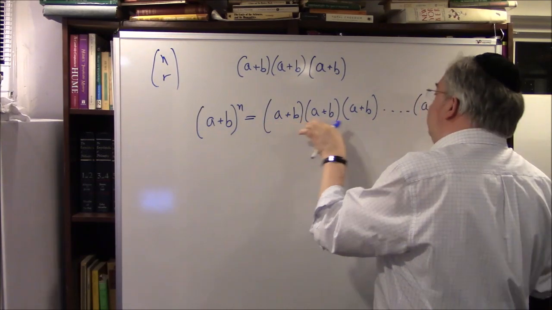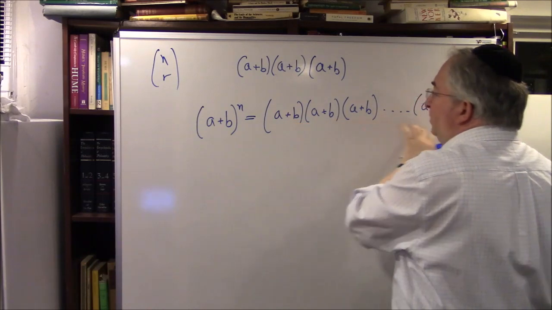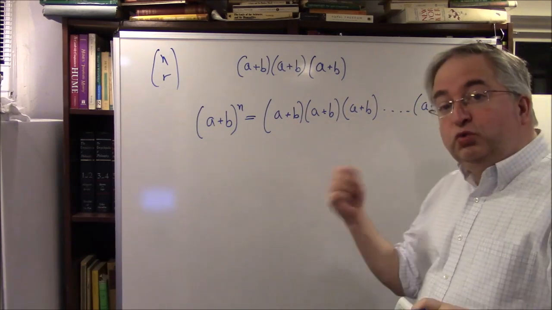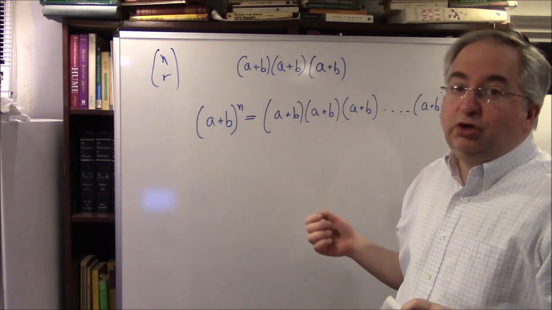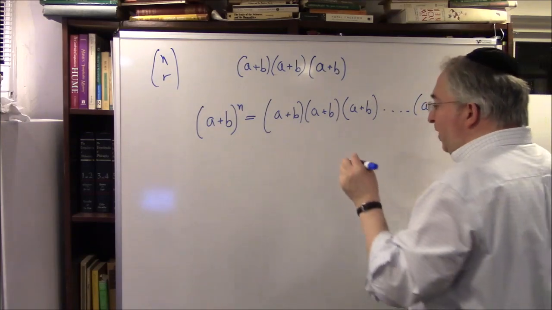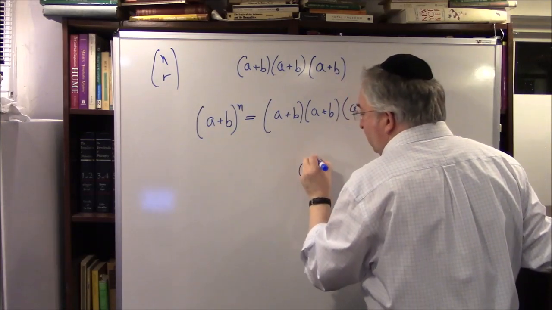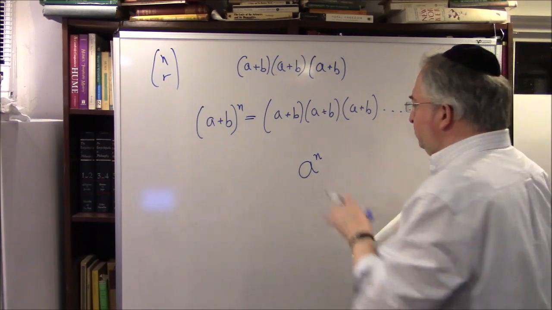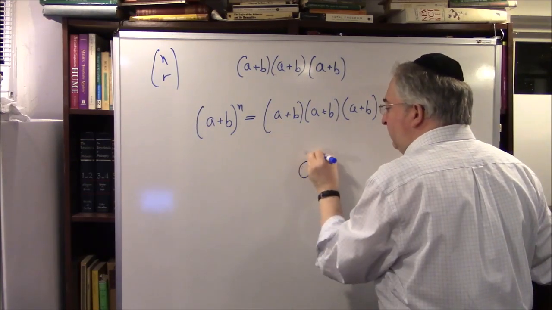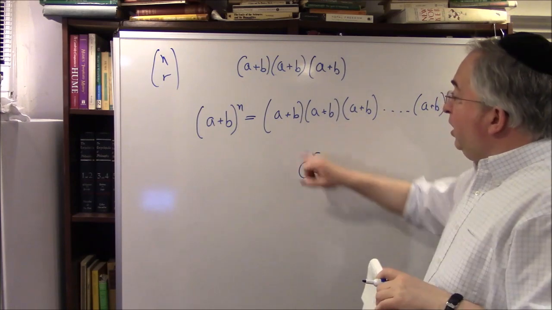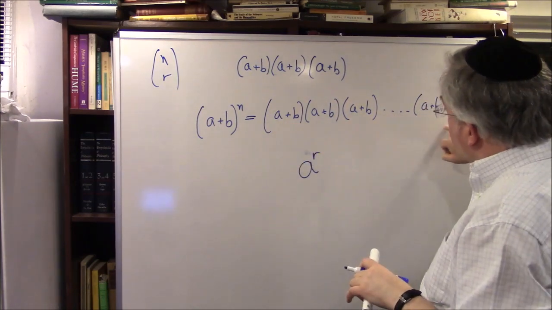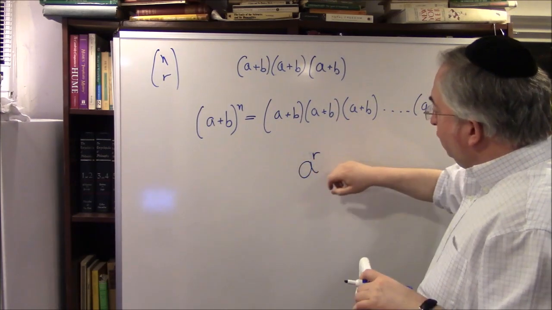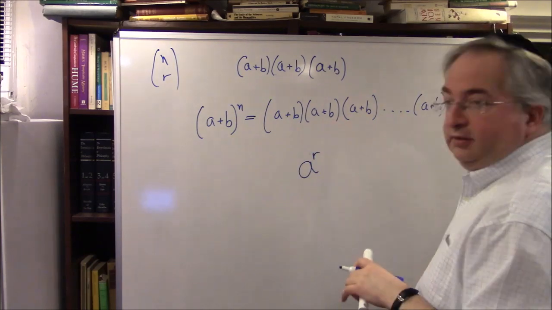So too here. A is going to be multiplied by everything else. B is going to be multiplied by everything else. But you have to unite common terms. The main point is, you're going to have a term with r A's in it.